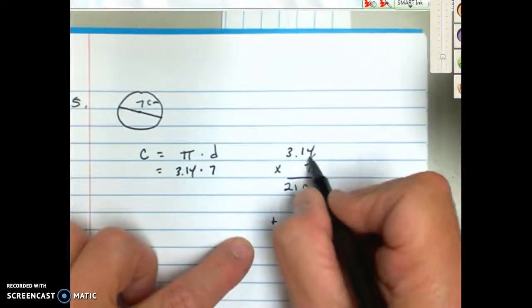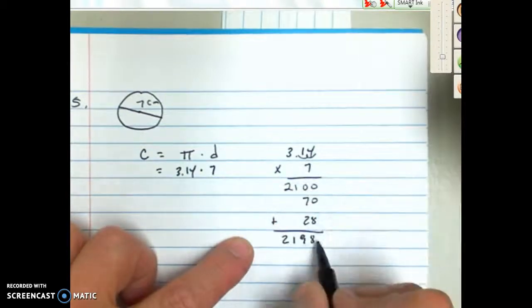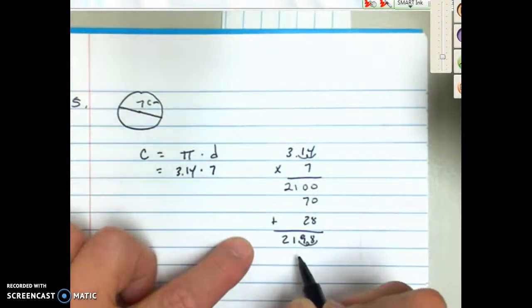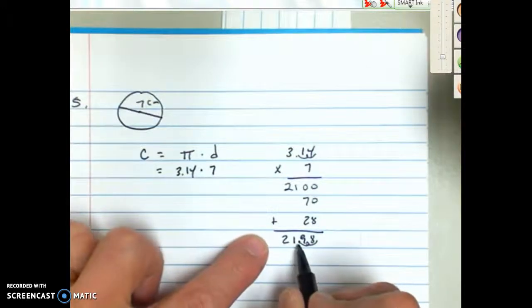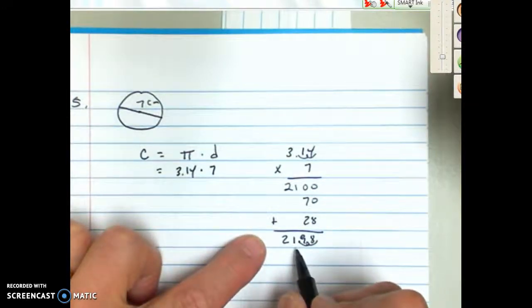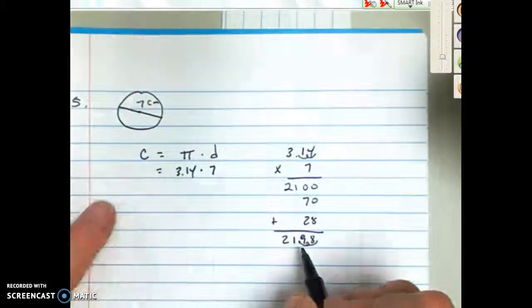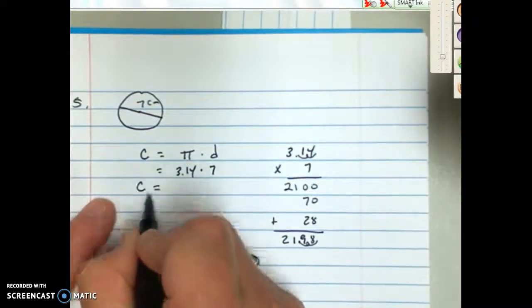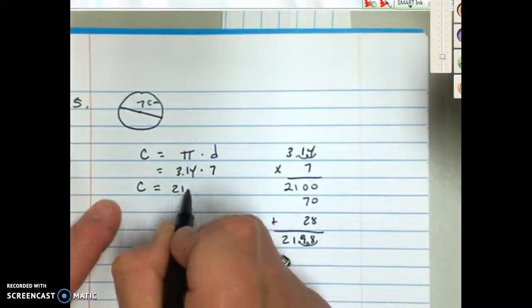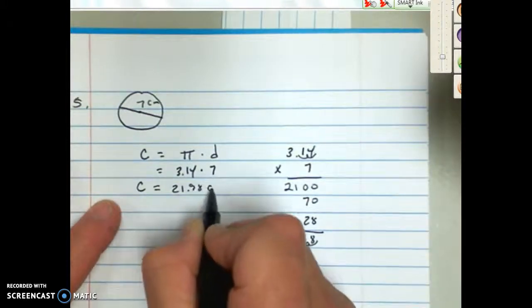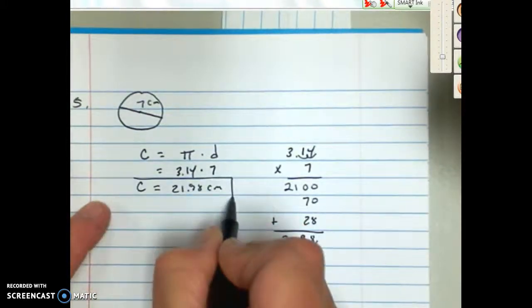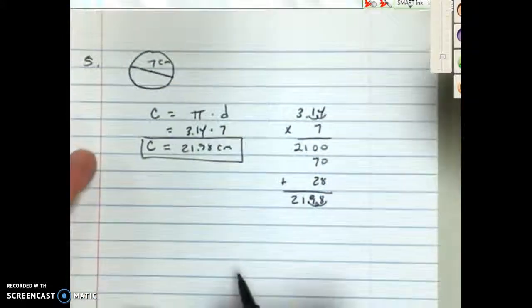Put the decimal in, 2 places over to the left. So in our answer, 2 places over to the left, and we have 21.98, and that is the exact answer. So our circumference is equal to 21.98 centimeters. And again, that's circumference, so don't put the labeled area on there.